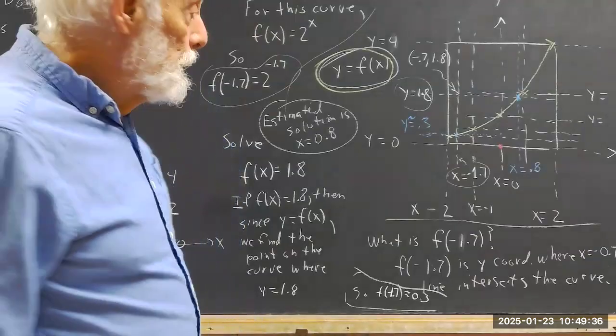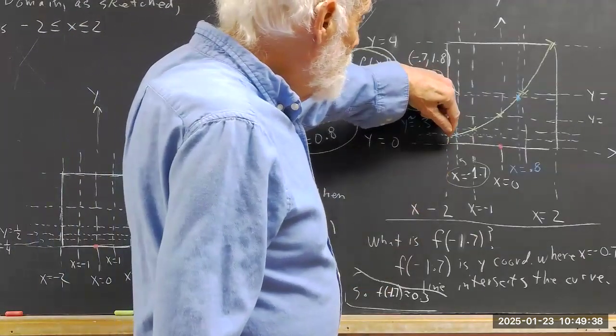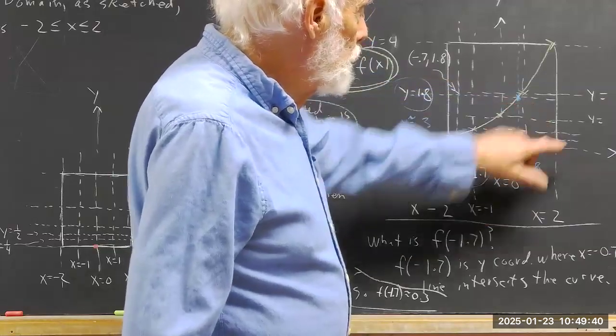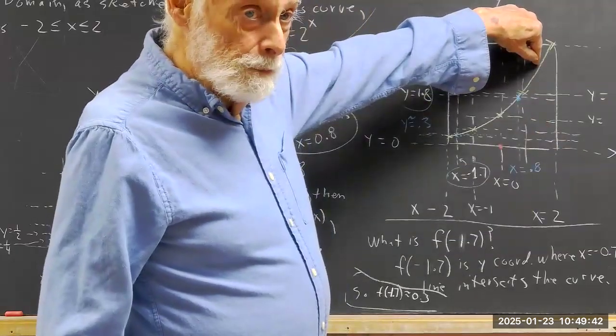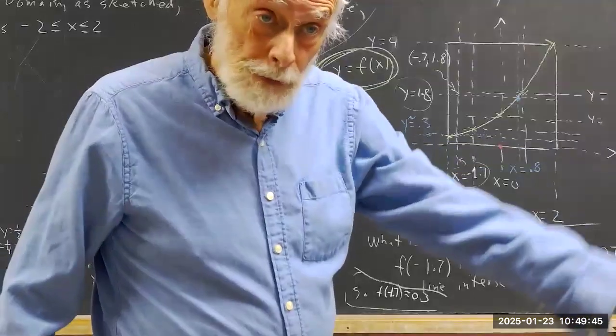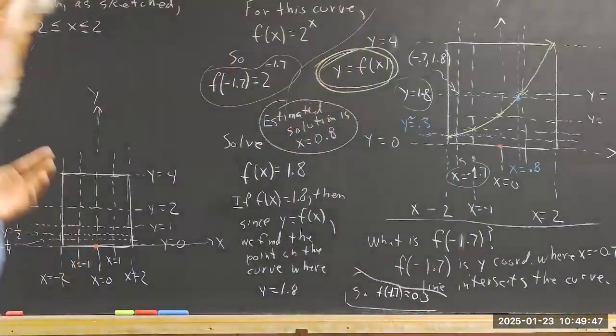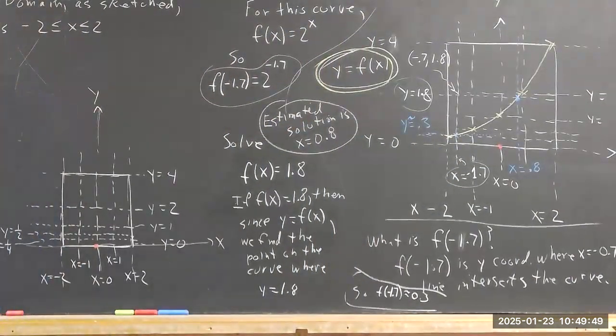Because every number from -2 to 2 corresponds to a point on the curve. That's what domain means. Now there's other things you have to know about domain. That's a picture of what we mean by domain.